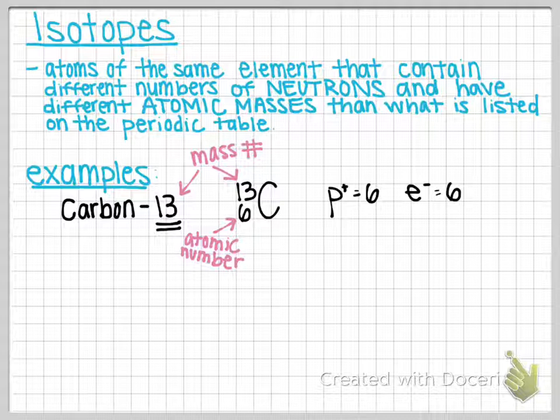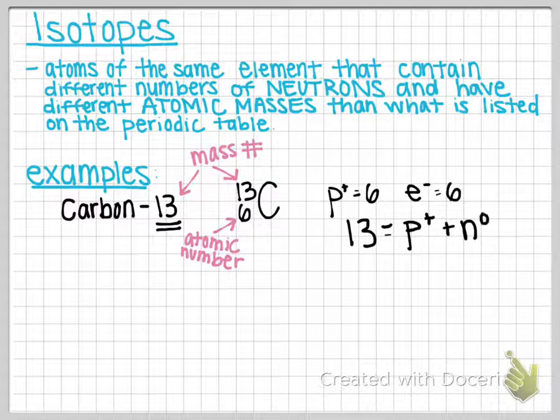Your mass number, 13, equals your protons plus your neutrons. In this case, our mass number 13 equals 6, that's our number of protons, plus our neutrons. So you do subtraction to figure out your number of neutrons, which is 7.